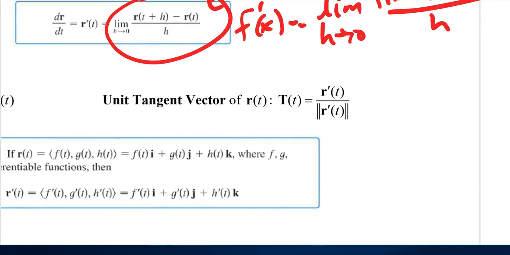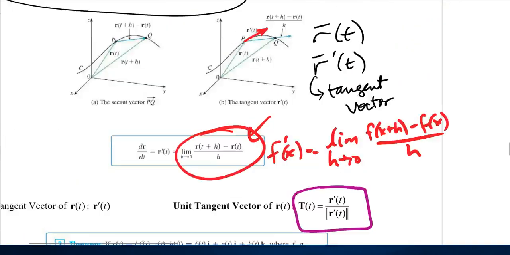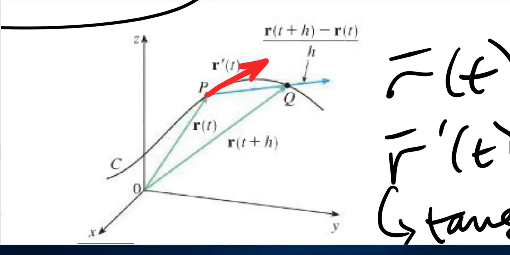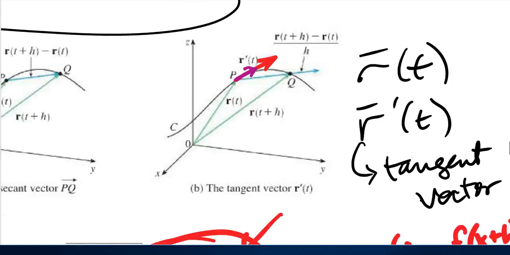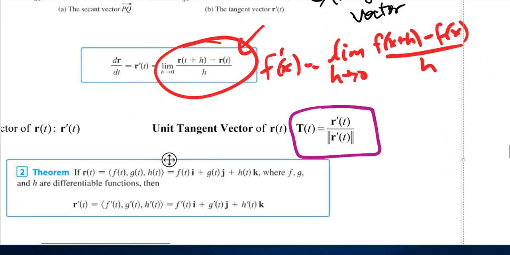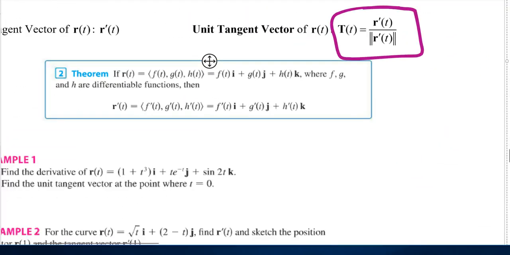All right, now the unit tangent vector, this is a really important vector. It's the same vector up here, but we take the unit vector in the same direction of r prime of t. So you just take r prime and divide by its length. That gives you your unit tangent vector.